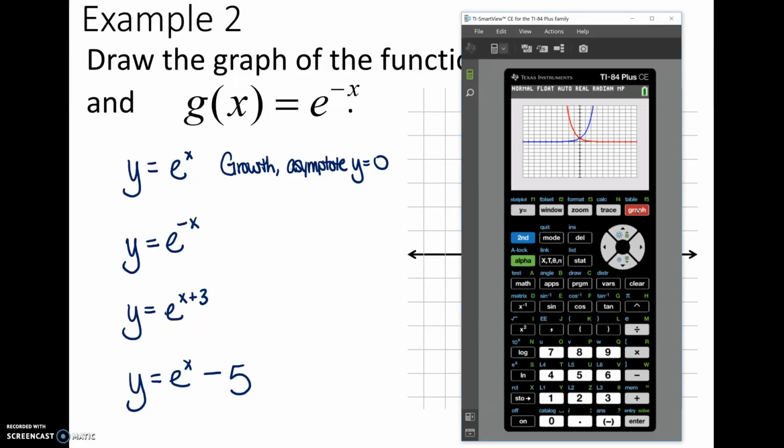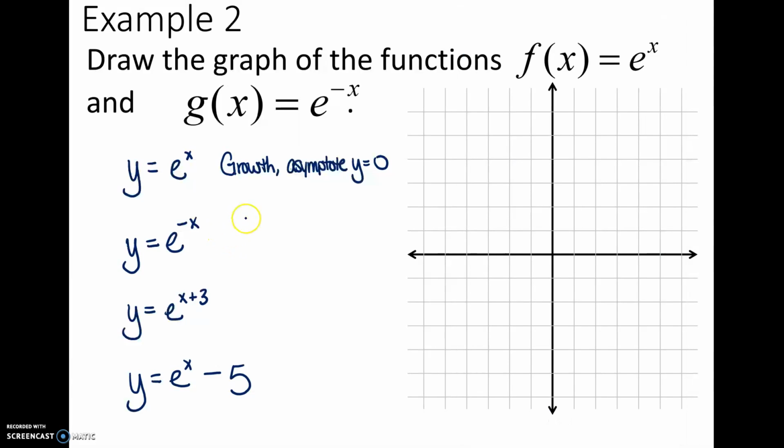It's opposite. It was reflected over the y-axis. If we take this blue one and flip it over the y-axis, that will give you the red one. This one is, we can say, a flip over the y-axis. So now it is exponential decay. It still has an asymptote at y equals 0.